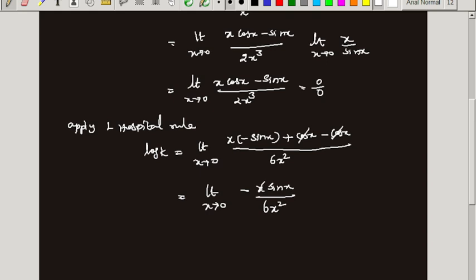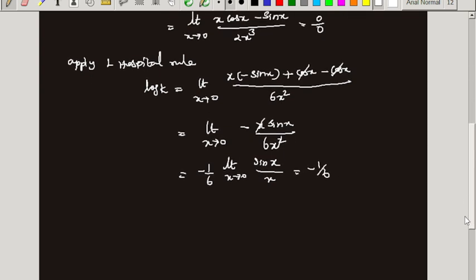So here one x gets cancelled. We write 1 by 6 outside the limit. Limit x tends to 0 sin x dividing by x. So this is nothing but 1. We get the answer minus 1 by 6.